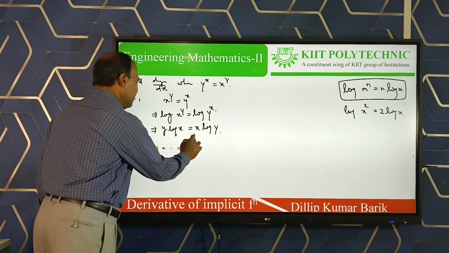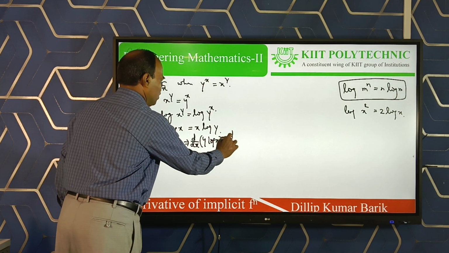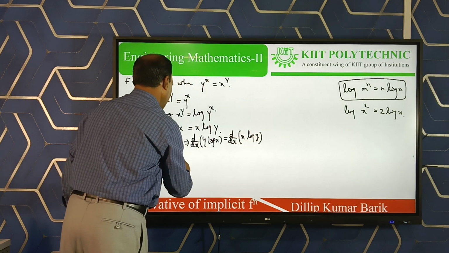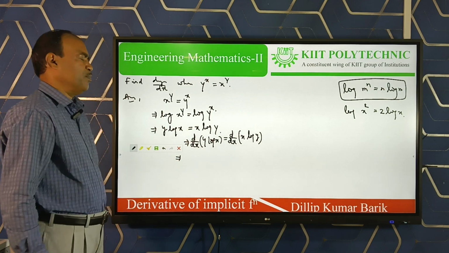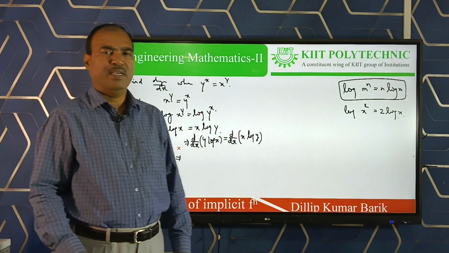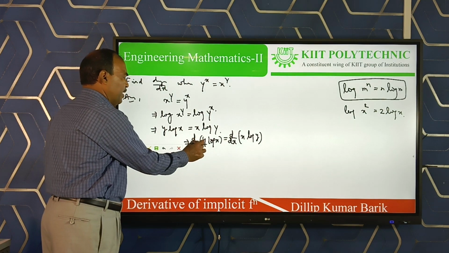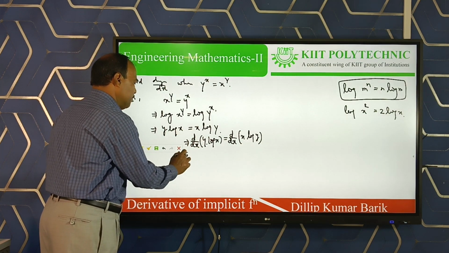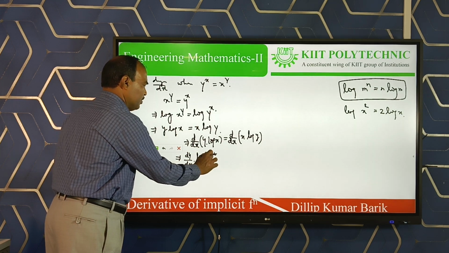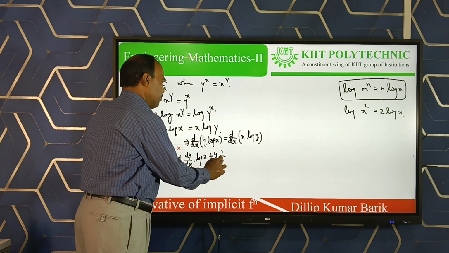Implies take the derivative of both sides, derivative of y log x is equal to d by dx of x log y. And since both sides are given in product form, y multiplied with log x or x multiplied with log y, we apply here the multiplication rule or product rule, that is the derivative of u into v. Derivative of y into log x means first y derivative, which is nothing but dy by dx into log x, plus y, u kept fixed, and log x derivative is 1 by x.